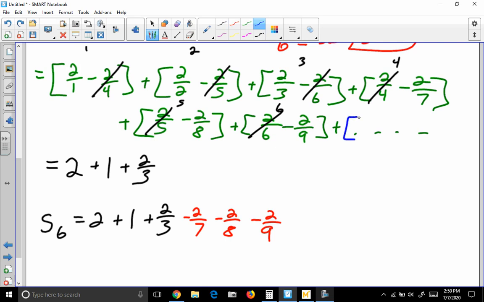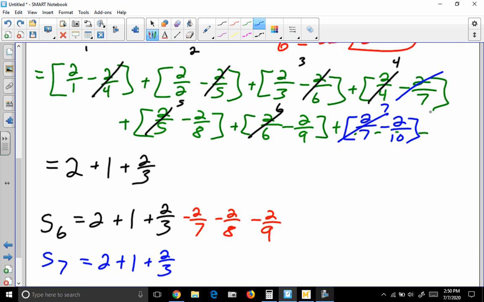For our seventh partial sum, we would be adding a 2 over 7 and a minus 2 over 10. The minus 2/7 and plus 2/7 would go away. So we'd have the 2, the 1, the 2/3. The 2/7 would be gone now, and we'd be left with a minus 2/8, the minus 2/9, and a minus 2 over 10.